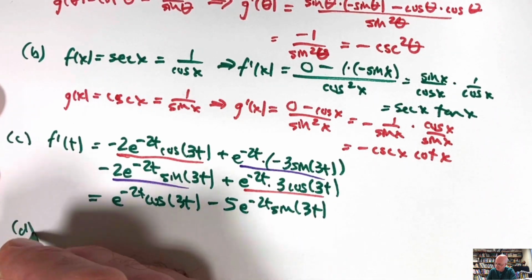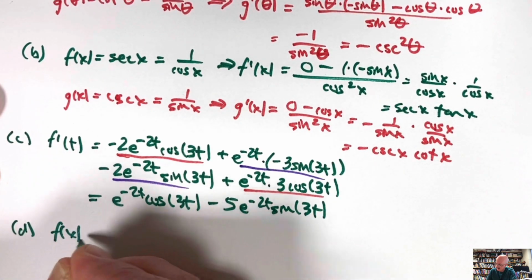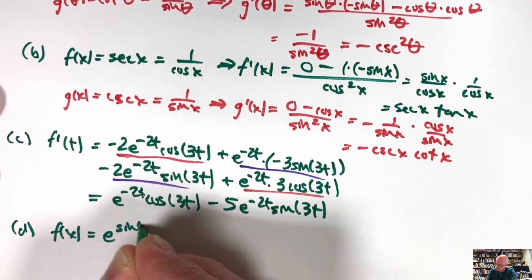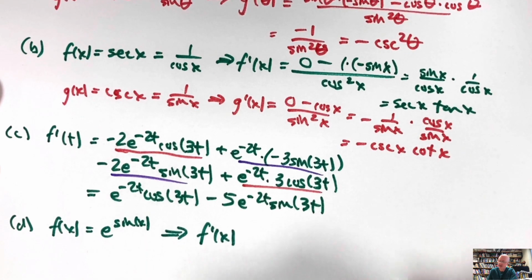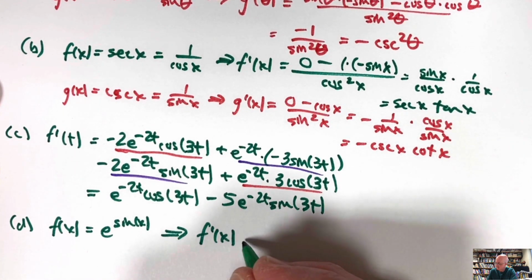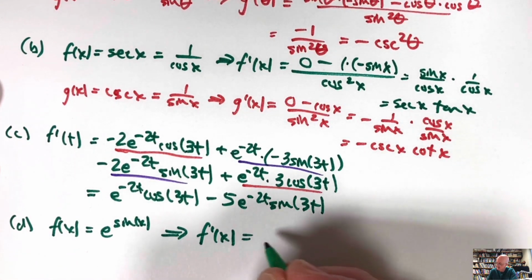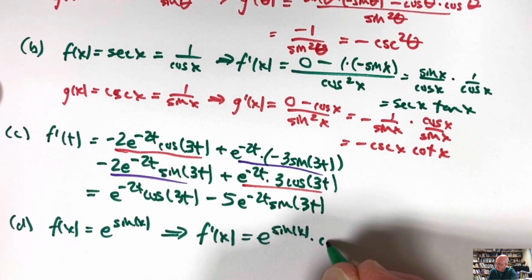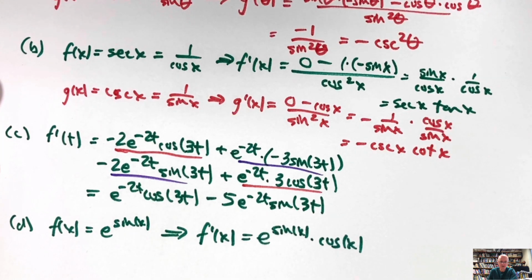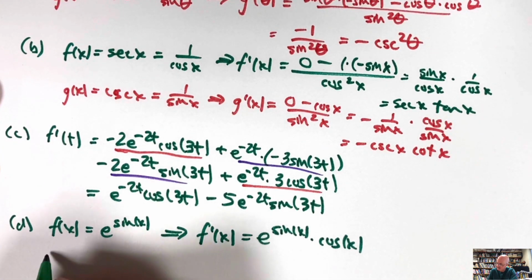So if f of x is e to the sine of x, practice with the chain rule here. Inside function is sine of x, outside function is e to the x. The derivative of the outside function is e to the x. But then plug in the inside function. Don't forget to multiply times the derivative of the inside function. There's the derivative of e to the sine of x.